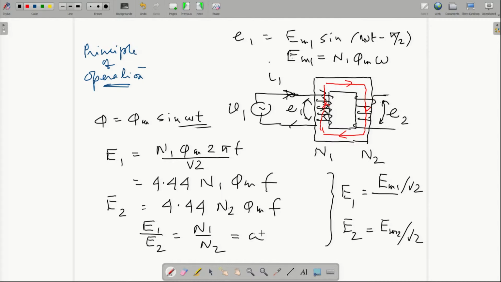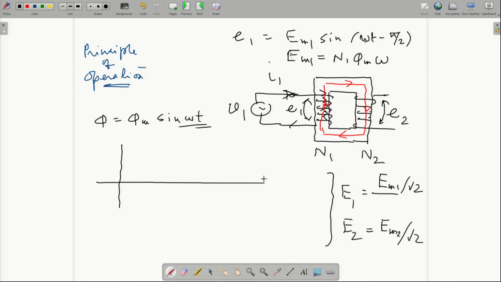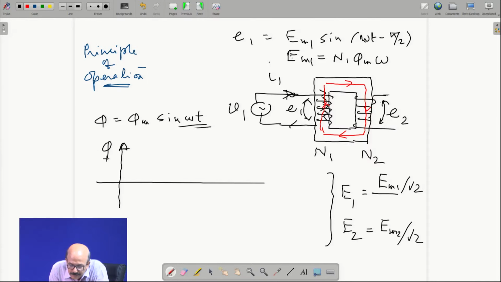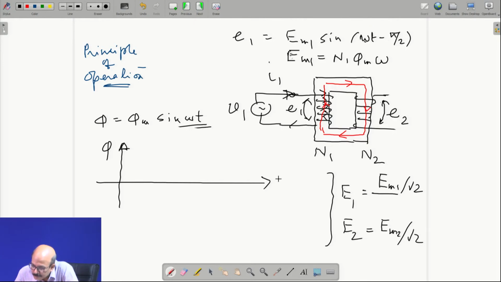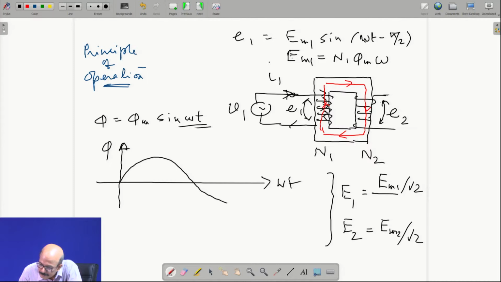What I mean is, if I try to plot this waveform phi, this is phi, and this axis can be omega t or t, whatever it is. Phi is a sine wave, so you can plot a flux sine wave, something like this.